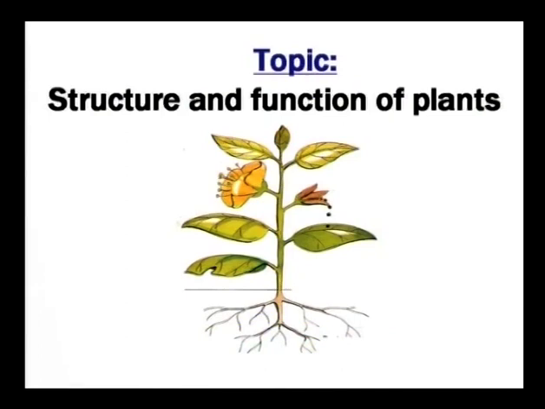Today, we are going to use this word structure. Structure simply means parts, and function simply means what those parts do, the job of each of those parts. So we won't waste time because this is more like a revision lesson.